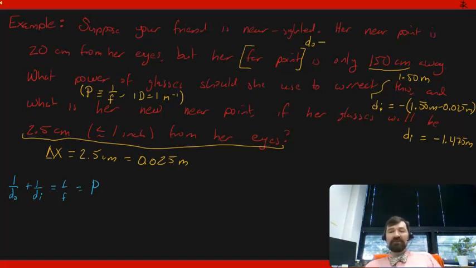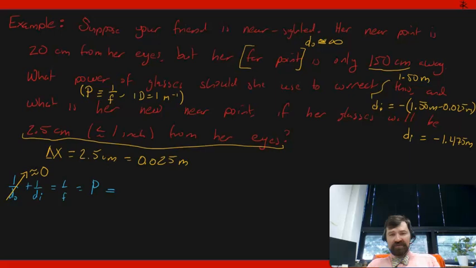So dO is essentially a very large number, like infinitely far away or 1,000 meters away. So this 1 over dO term is 1 over infinity, which is approximately 0.